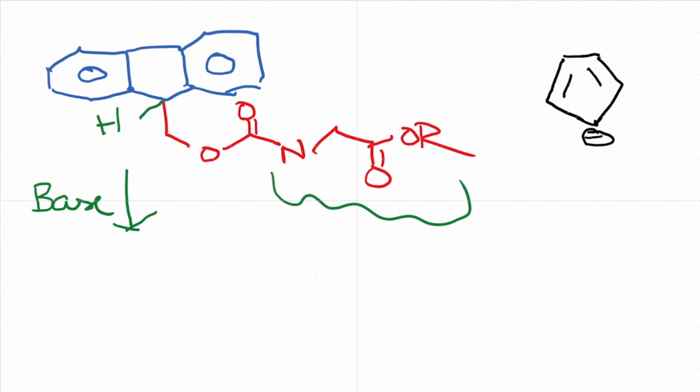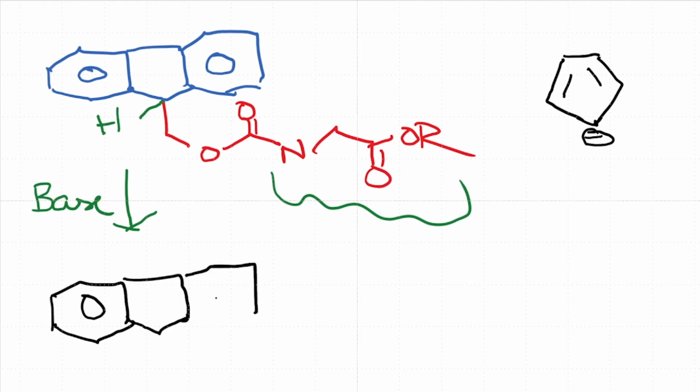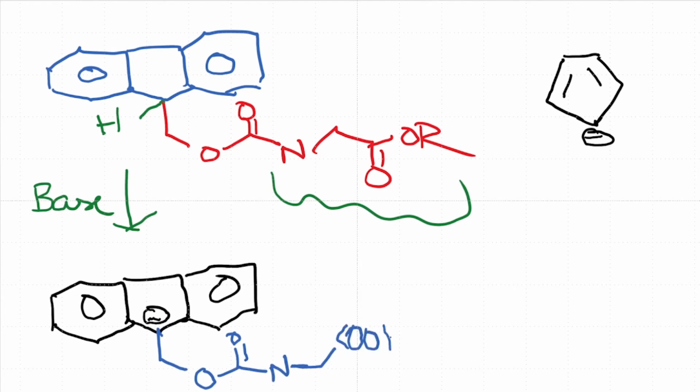So similarly, when you deprotonate here, it forms a very stable structure, likely due to the aromaticity concept. Okay, so let me draw out this carbanion like this, and then we have the rest of the molecule, which is O, C double bond O, N, CH2, COOR.